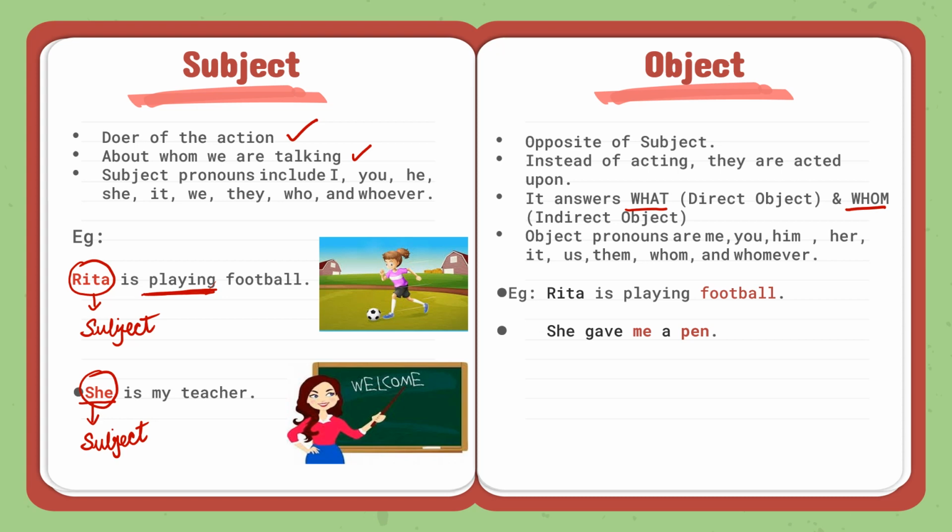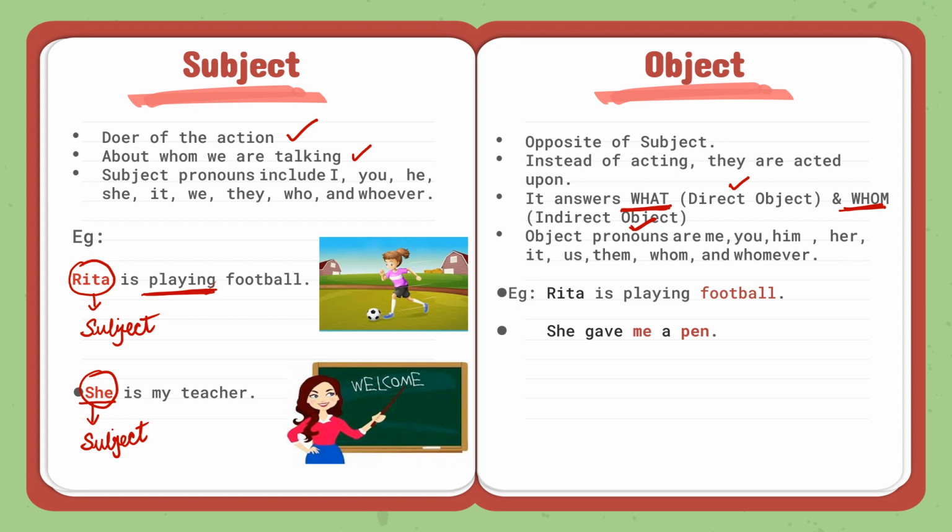There are two types of objects: direct object and indirect object. The answer of what is your direct object, and the answer of whom is your indirect object. Here are a few pronouns which are used as objects: me, you, him, her, it, us, them, whom, and whomever.